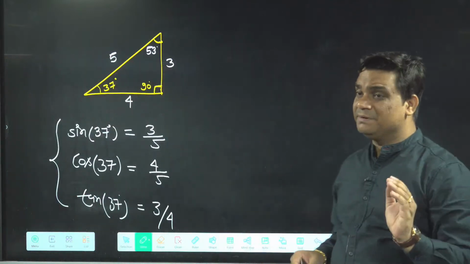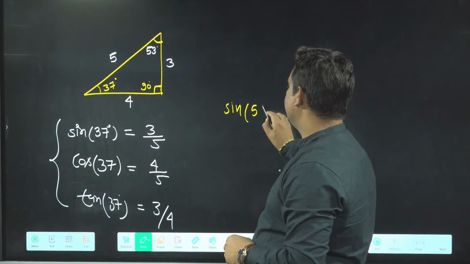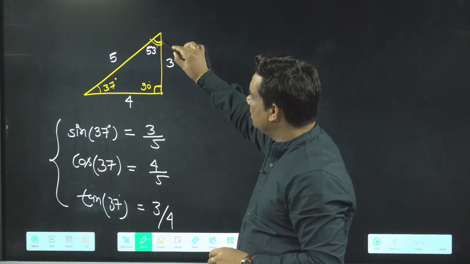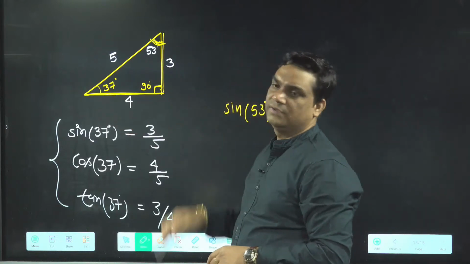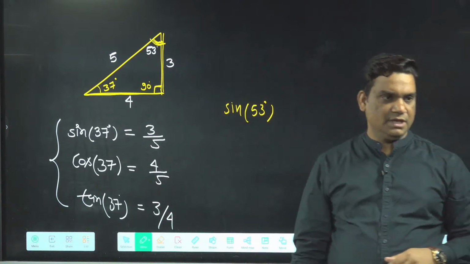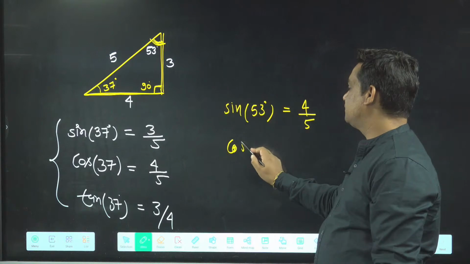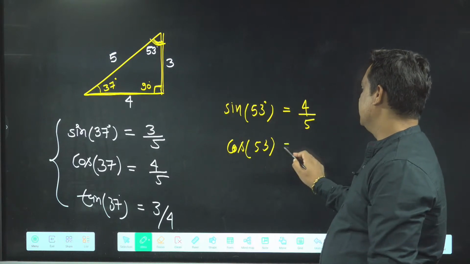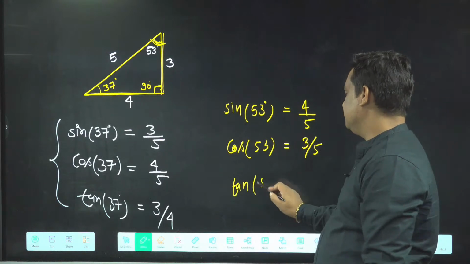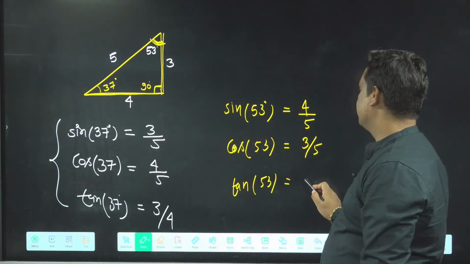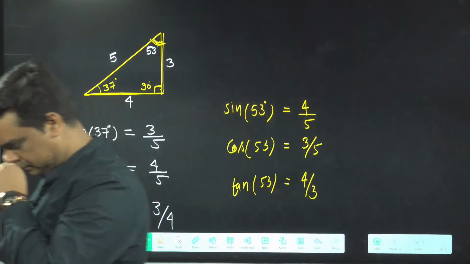Now, from the same triangle, if I ask sine 53, then for the 53 angle, 3 becomes the base and 4 is the perpendicular. So this one becomes 4 by 5. Cos 53 becomes 3 by 5, and tan 53 becomes 4 by 3. I hope this one is clear to you.